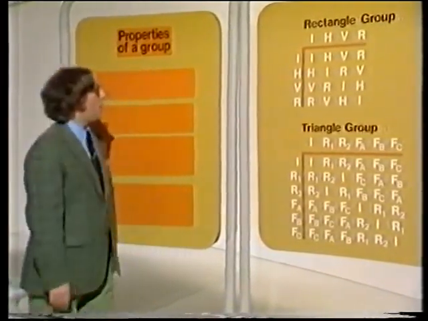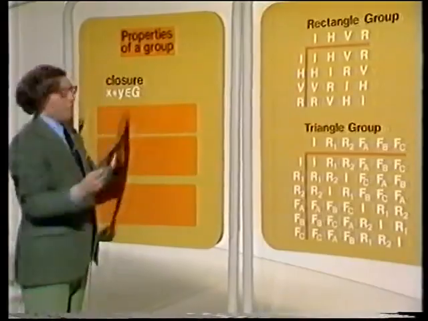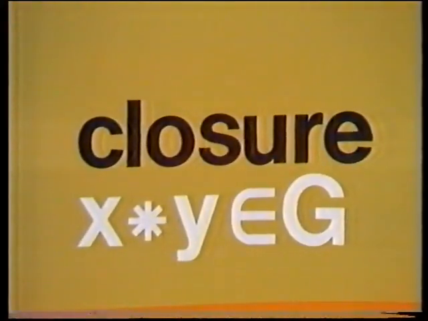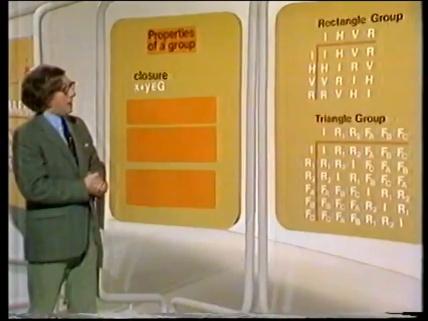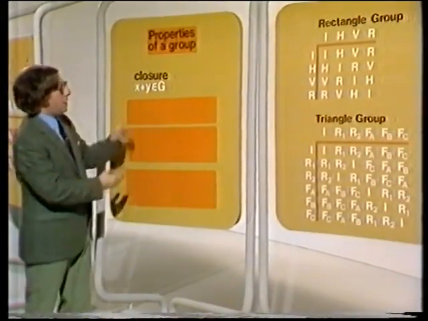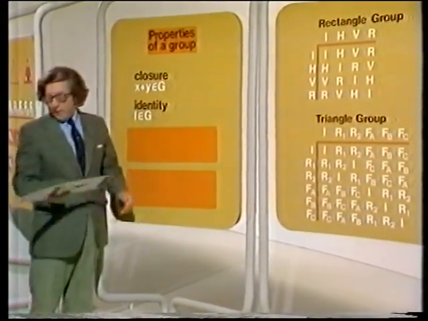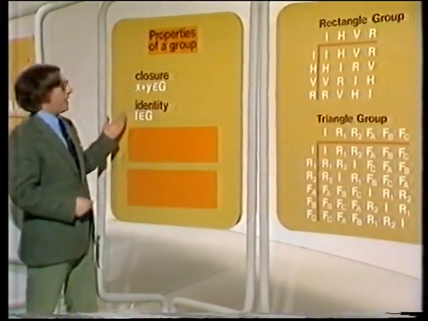Well, first of all, we had closure that Don was talking about. If x and y are elements of the group, then x combined with y, and I'm using star for the combination, is also a group element. The next property was the fact that there's that very important element called the identity element in both groups.